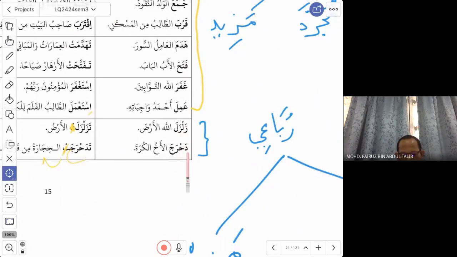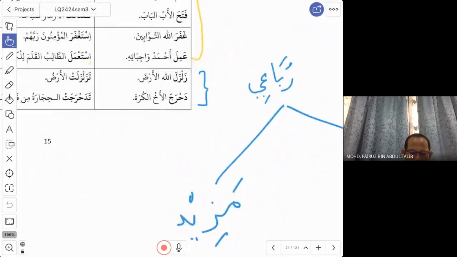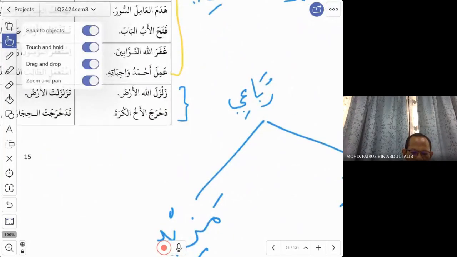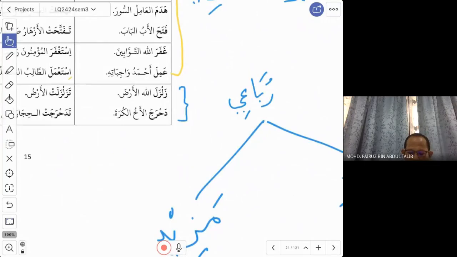This is also rubai mujarrad. And rubai mazid is this: tazalzala and also tadahraja, where the origin of the fi'il is 4 letters. That is why we call it rubai mazid, because you have an additional letter in the beginning of the fi'il. So that is rubai mujarrad and rubai mazid.